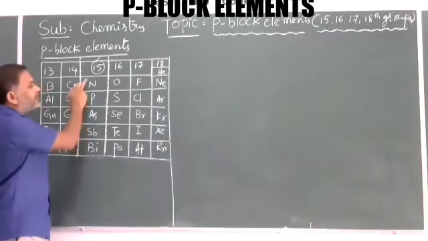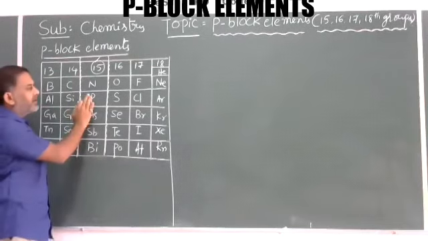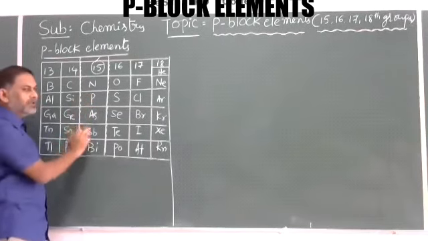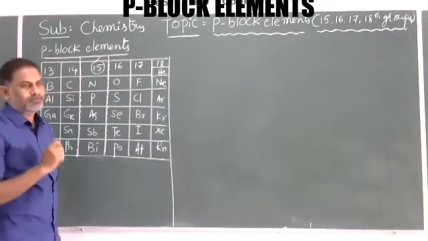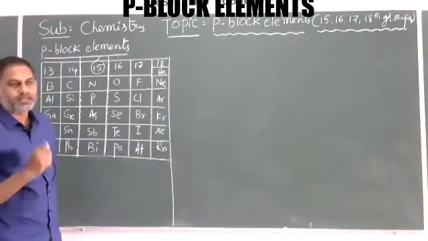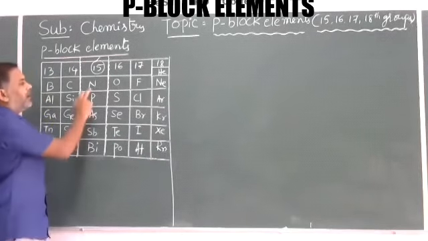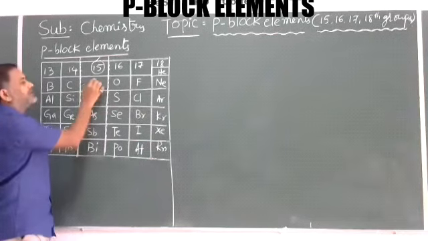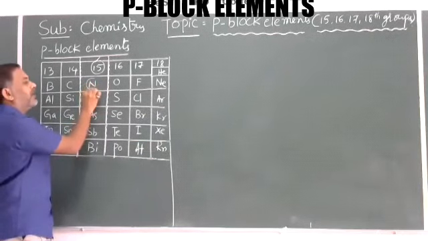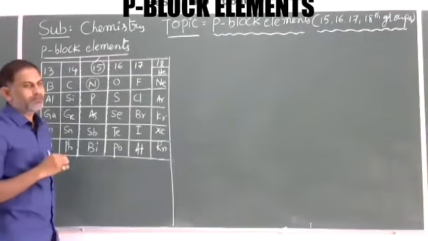Their general electronic configuration was also given in the last class: rare gas ns2 np3. For all p block elements, the general electronic configuration is ns2 np1 to 6. Then, based on their electronic configuration, one most important point was explained, that is the anomalous or peculiar properties of nitrogen.